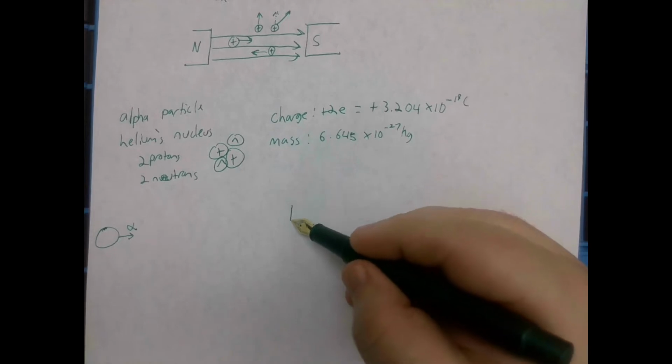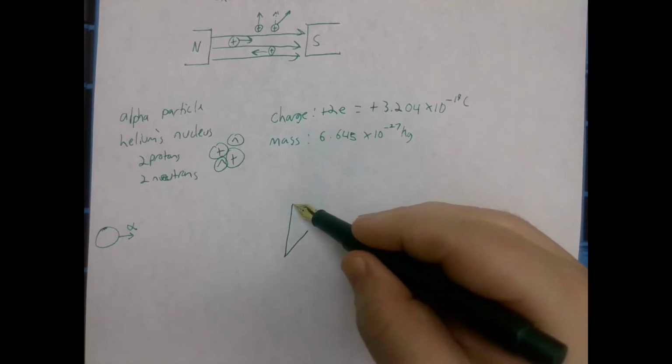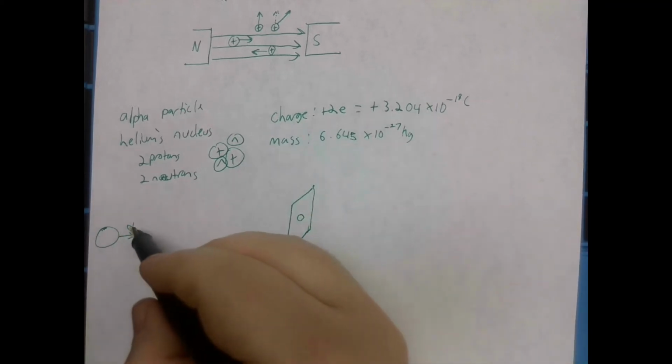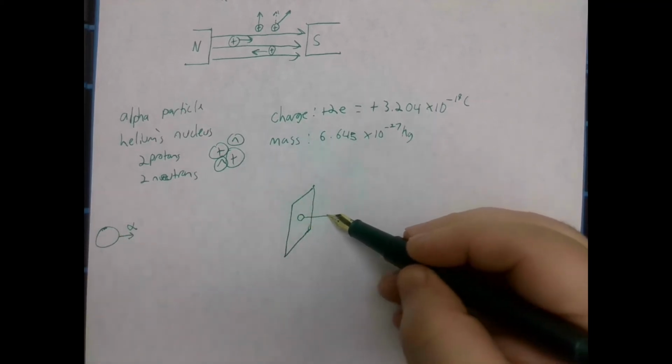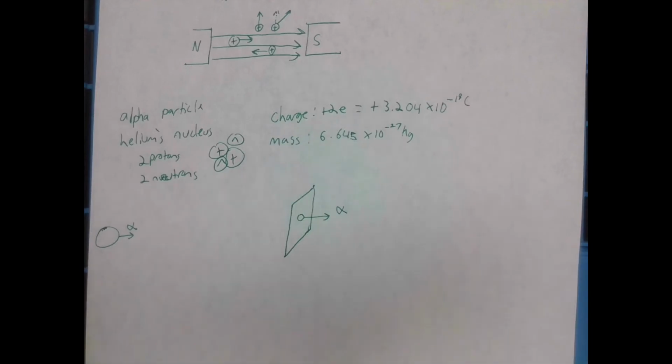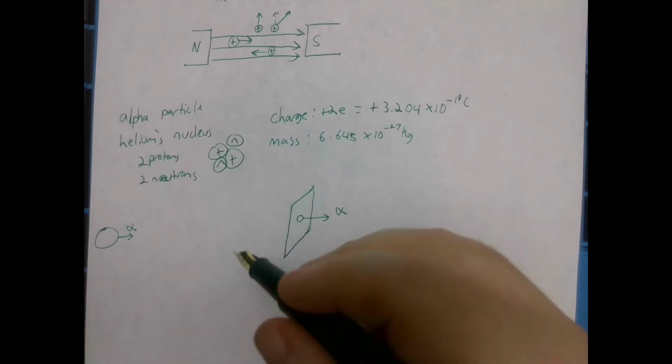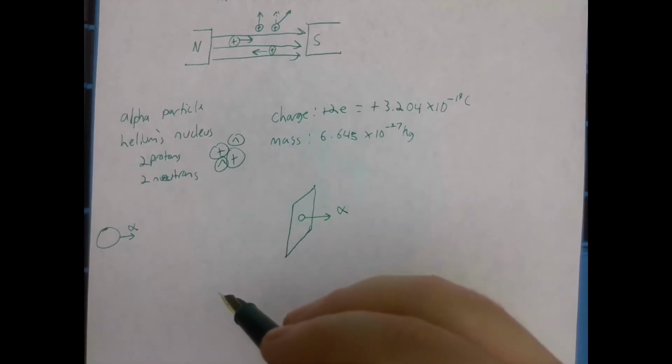And over here, we have a tiny little hole. So only ones that have gone straight through will actually leave the gun. So we need to rule out any ones that are moving too slow and too fast.